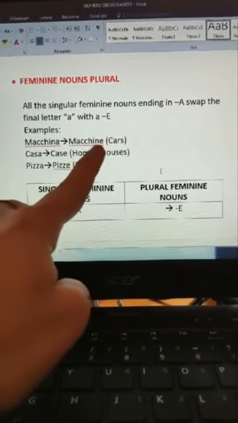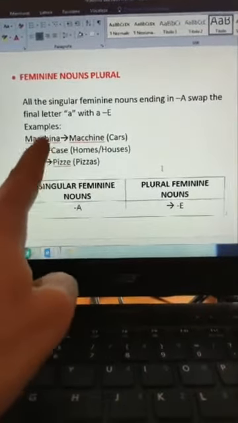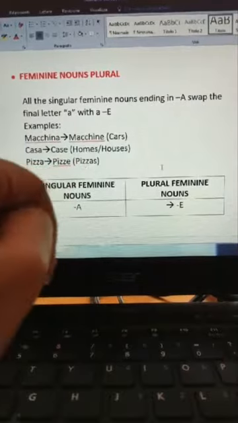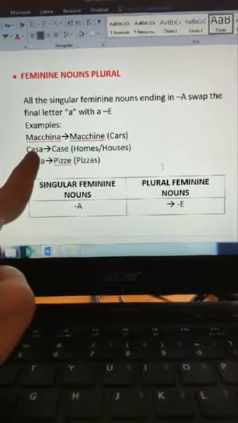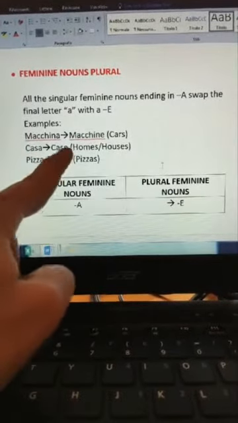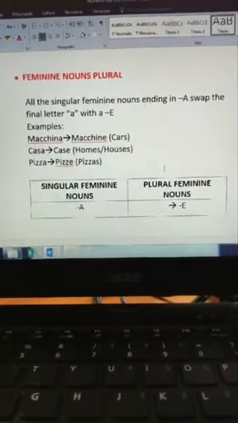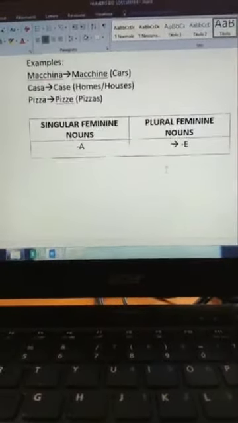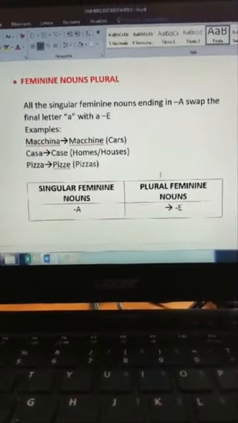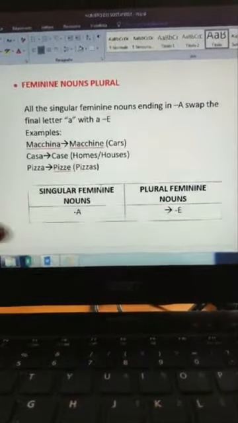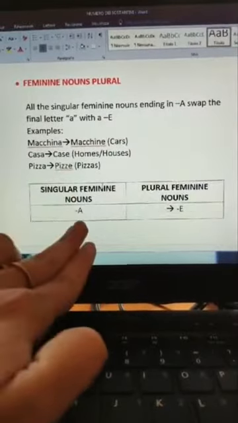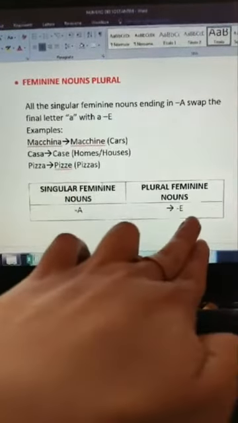It becomes macchine. Remember, the H is silent, is mute. You do not pronounce it. Casa becomes case. And pizza becomes pizze. Okay? I think this is pretty straightforward. It's not very hard. All you need to do is swap the last letter, A, with an E, the English E.